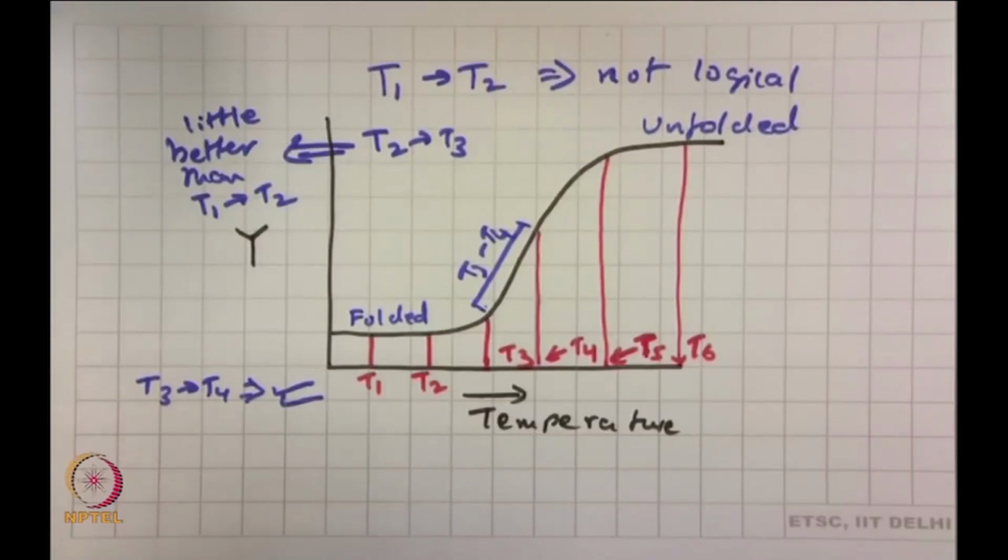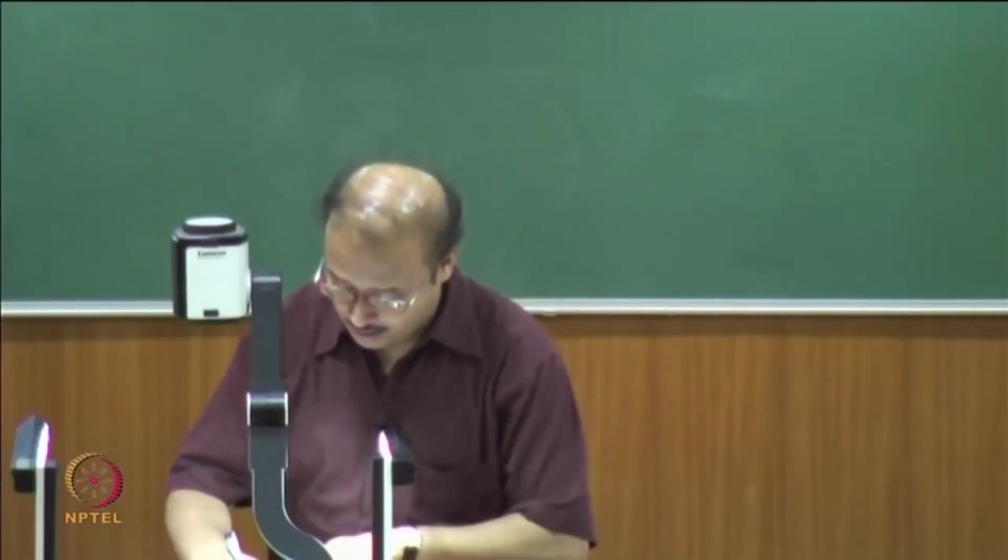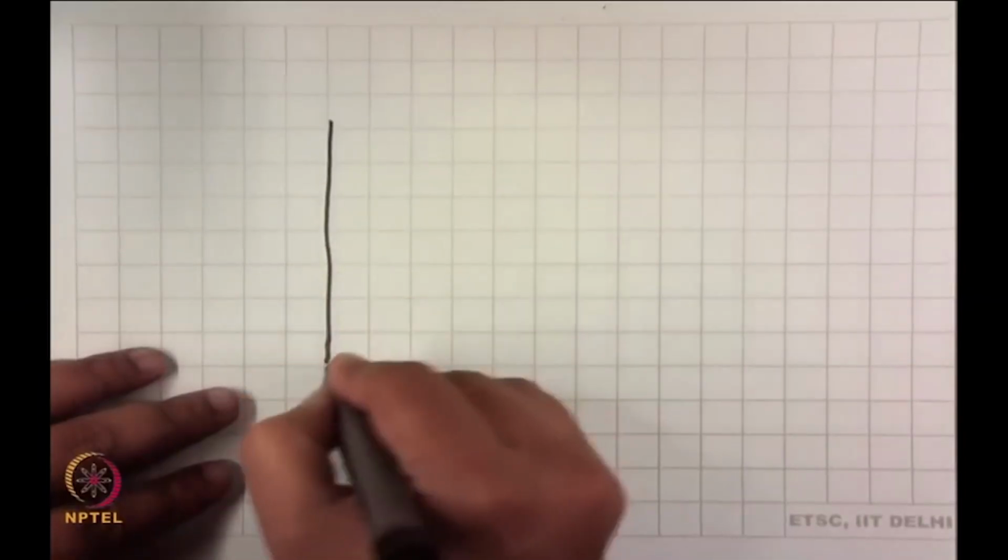Now, please keep in mind, every protein, depending upon what type of protein you are taking, would not be giving this cooperative a transition. Different proteins would be having different transitions. For example, let me just give you a quick plot.